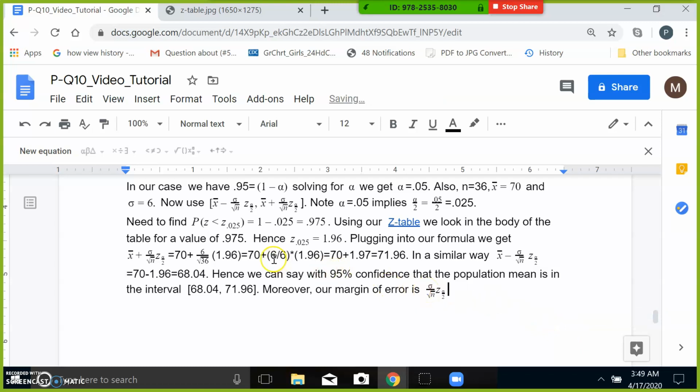And we've already computed that over here. It equals this, and we already showed the square root of 36 is 6, and it just becomes 1.96. So our margin of error is 1.96. So we can say with 95% confidence that the population mean is in the interval 68.04 to 71.96. Okay, so we're done.